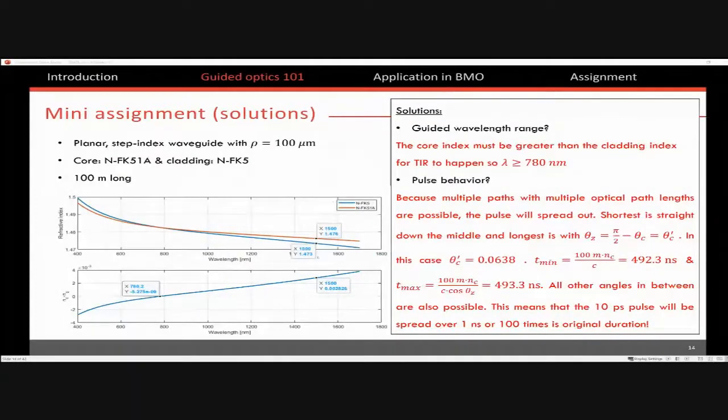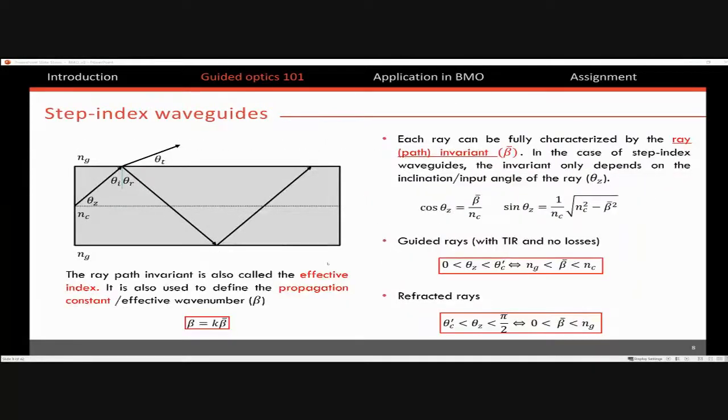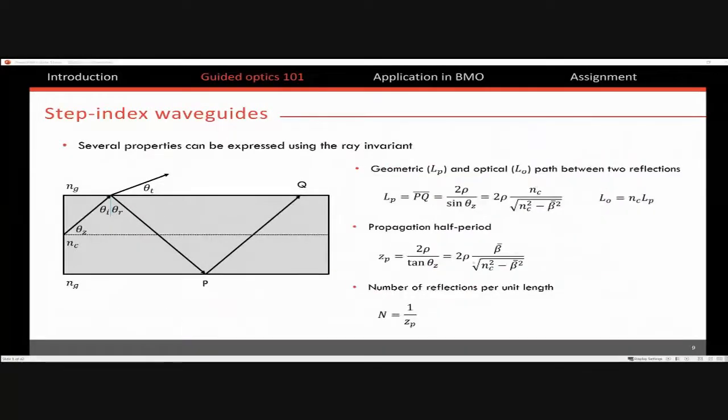So what you have here is exactly what you described. If you look at 1500, you can find the values for the index of refraction, and then based off of the equations, you can find the geometric path and the corresponding optical path.